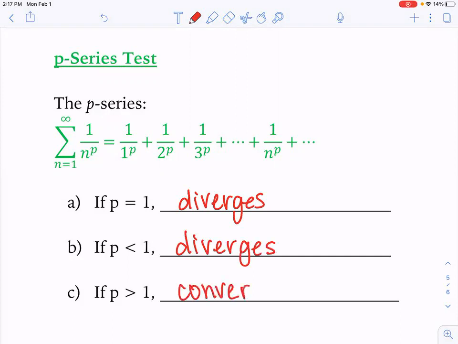If, like in our example above and the ones we talked through, P is bigger than 1, we are going to converge. But we still don't have a way to figure out what it converges to.